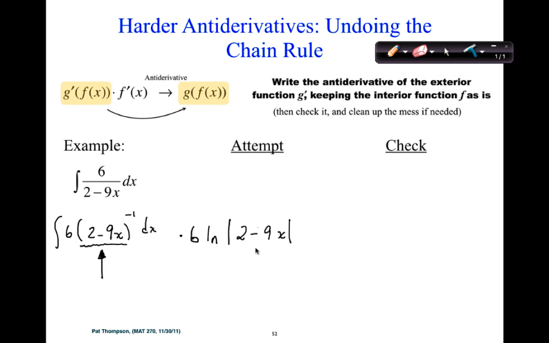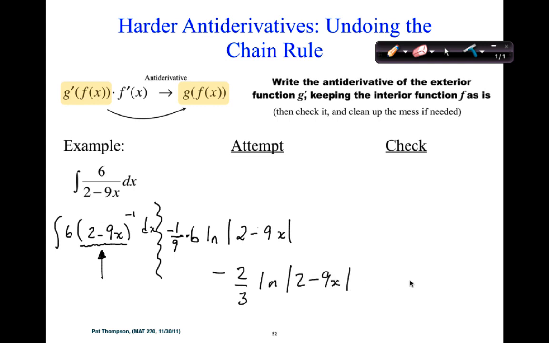So we want a negative 1/9 to get rid of that negative 9 that we get from the chain rule multiplying. So we end up with negative 2/3 natural log, absolute value, 2 minus 9x.